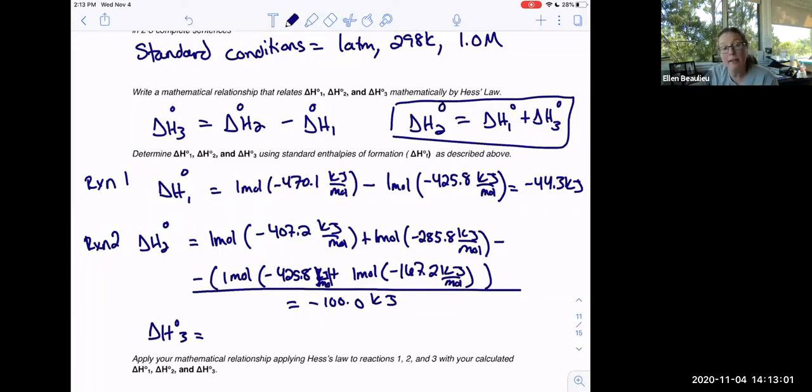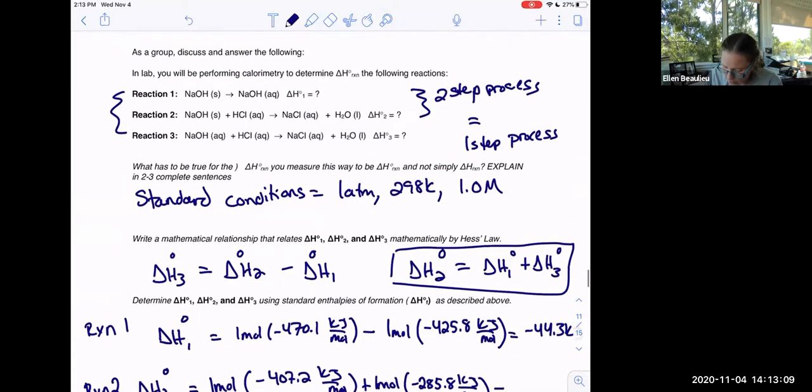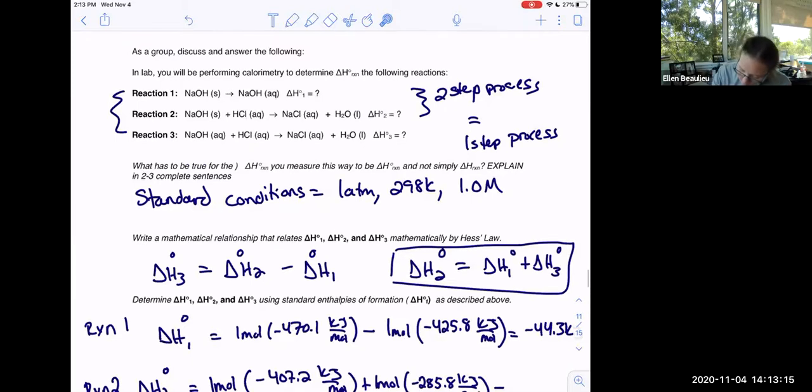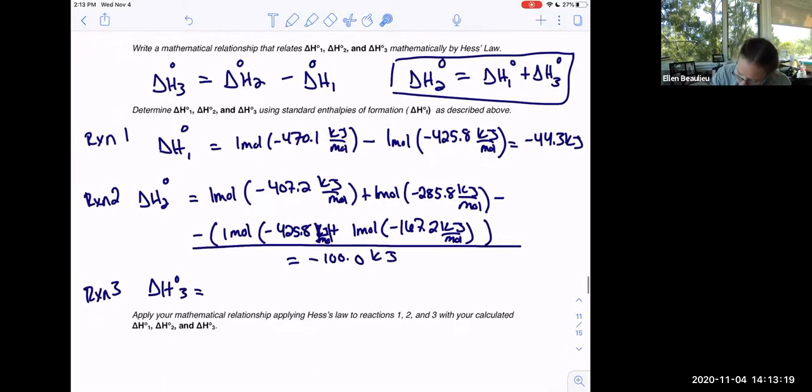Okay, so delta H3. This will be reaction 3. So let's go through this very same process. You figure out what your products are. What are the delta HFs? It just so happens that reaction 3 and reaction 2 have the same product, so that's going to be the same math: negative 407.2 plus negative 285.8.